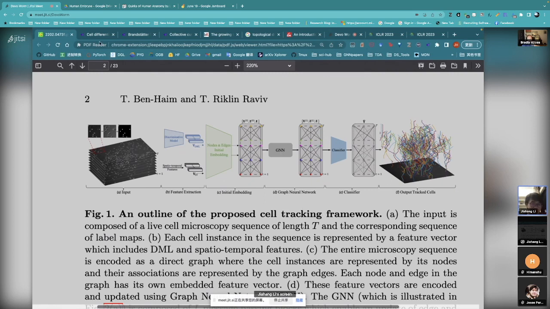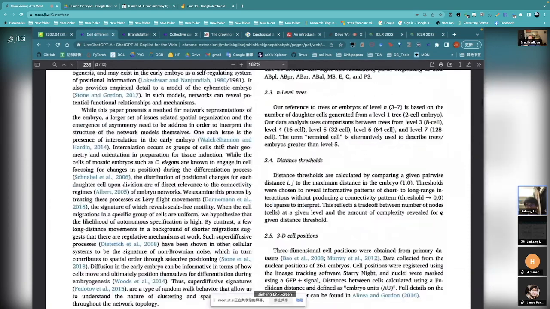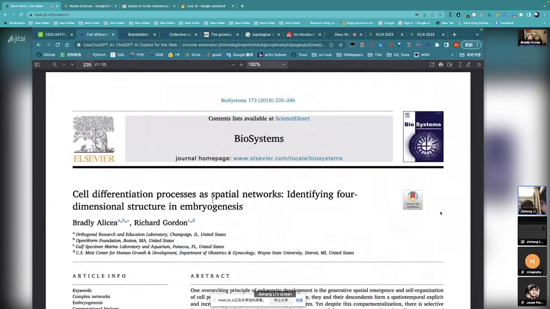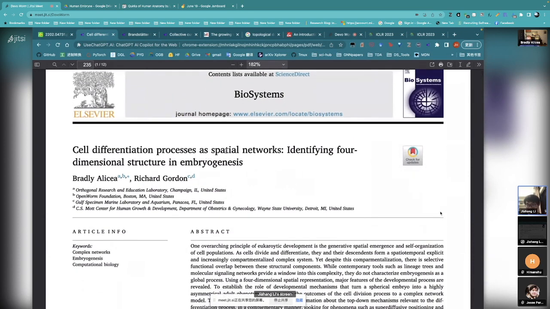So here are some papers, and some of them have been covered in our meetings before. There's Reddy's paper, I think, on the cell differentiation process as a spatial network.